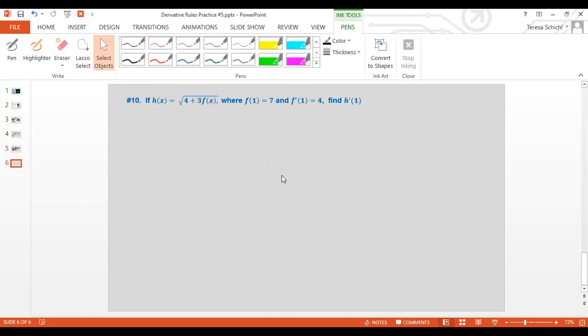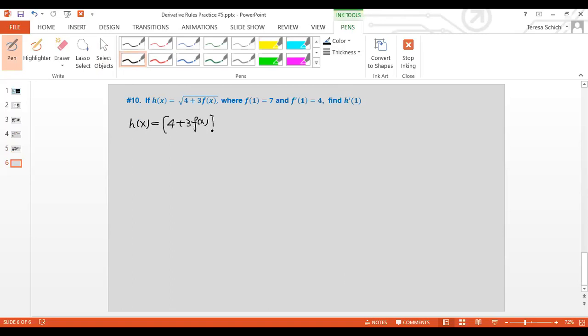Okay, now let's take a look at the last application problem here. I want to find h prime of 1. In here, h of x is a square root. So this is the square root of 4 plus 3 f of x.